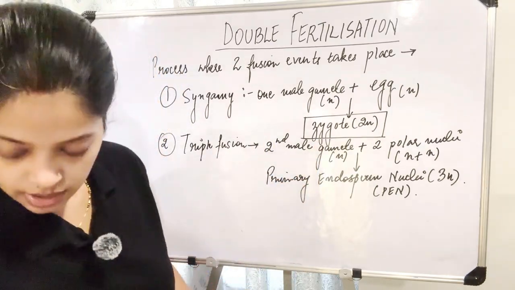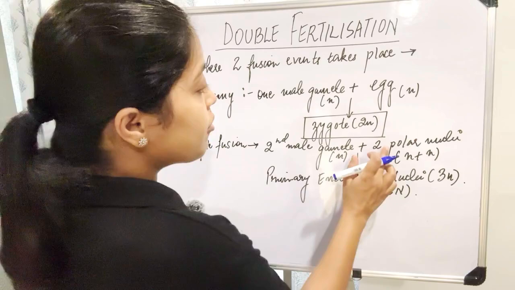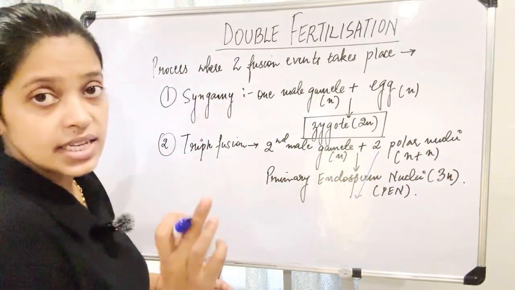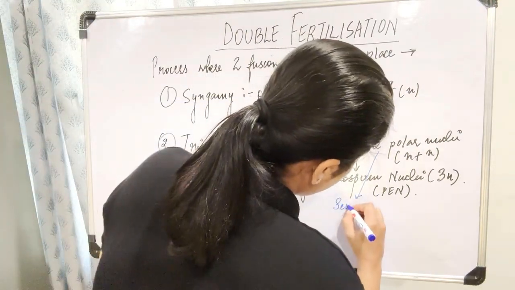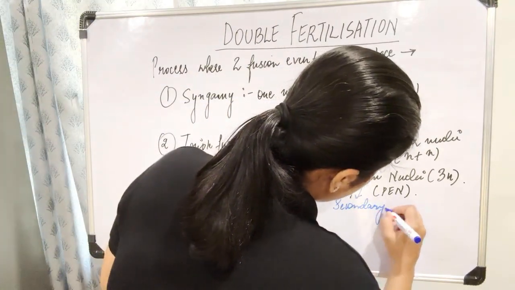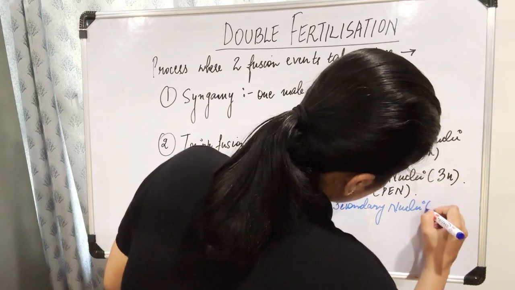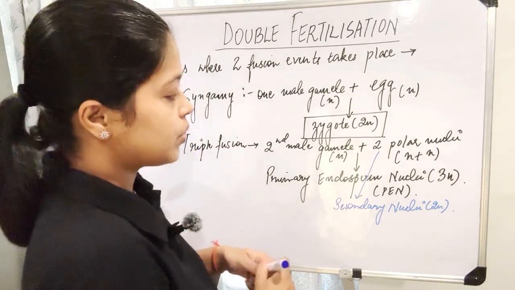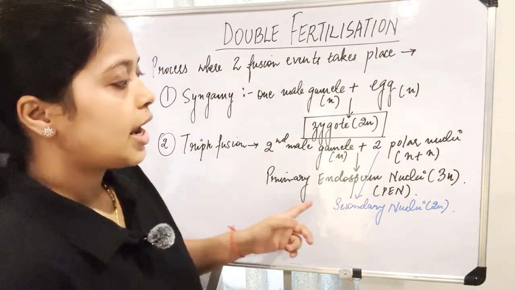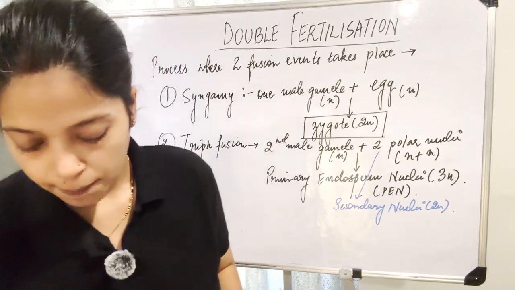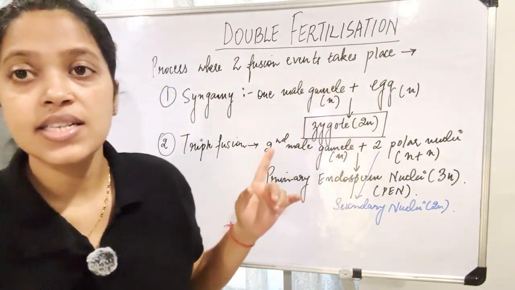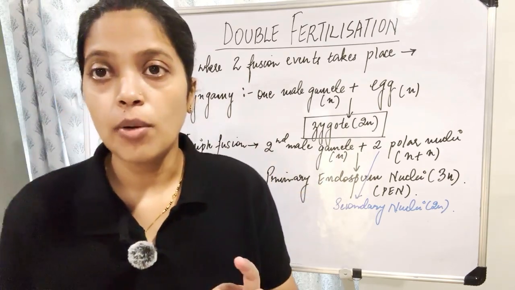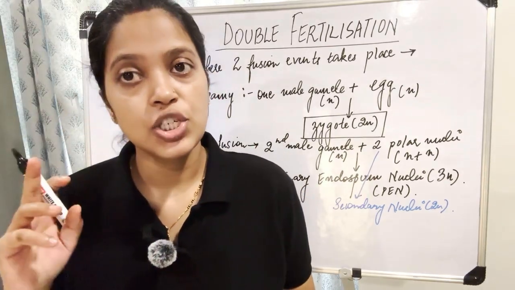Now sometimes these two polar nuclei fuse with each other before fusing with the male gamete and form a secondary nucleus, and then the second male gamete fuses with the secondary nucleus to form the primary endosperm nucleus. Whatever events occur after the zygote and the primary endosperm nucleus are formed come under post fertilization events.